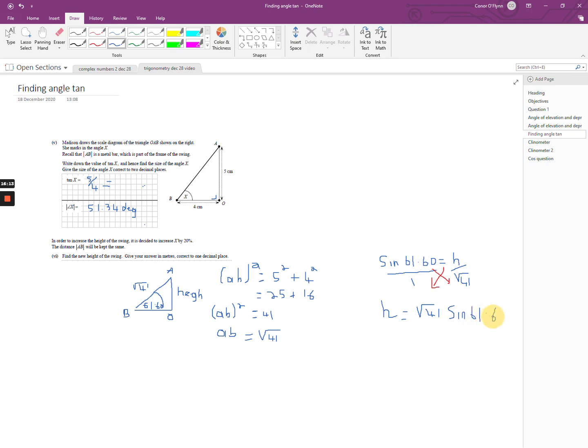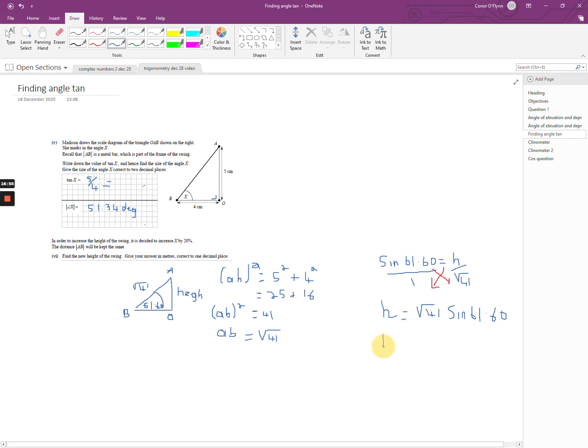Okay, and we work it out all in the one calculator. Sine 61.6 multiplied by the square root of 41. Okay, so we'll just double check that. Was it over hypotenuse? Okay, so by root 41.